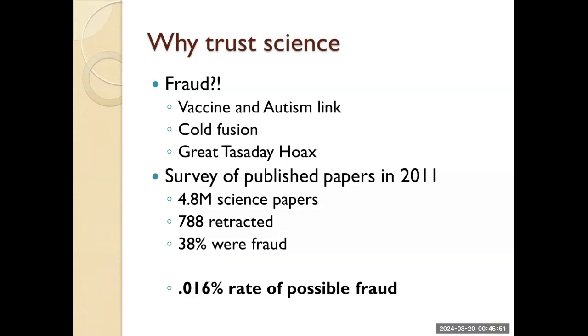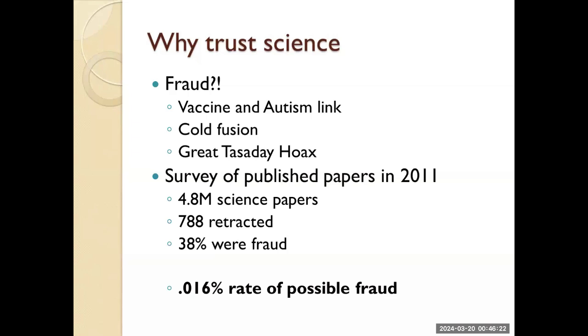So in a survey of published papers in 2011, I reviewed close to 5 million different science papers and followed them in the subsequent years to see how many of them were retracted, which means withdrawn, and how many of those were withdrawn because of a minor correction or withdrawn because they were proven false. And only 38% of the 788 were proven false.